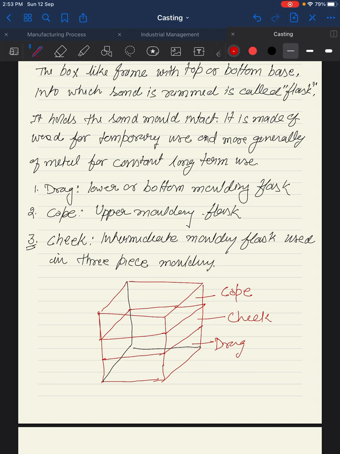The middle box, this one, is cheek. Okay, and these are holding pins. Got it? Whenever we use three boxes placed one over the other in the form of stacks, then the middle box is named cheek. Okay.